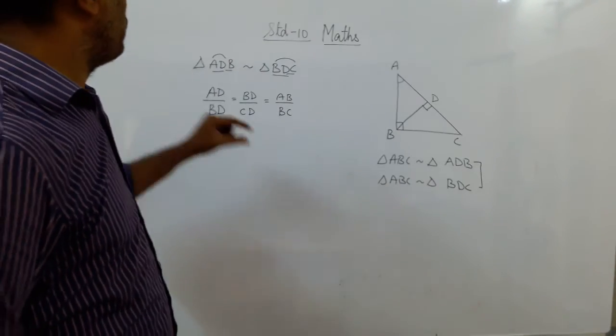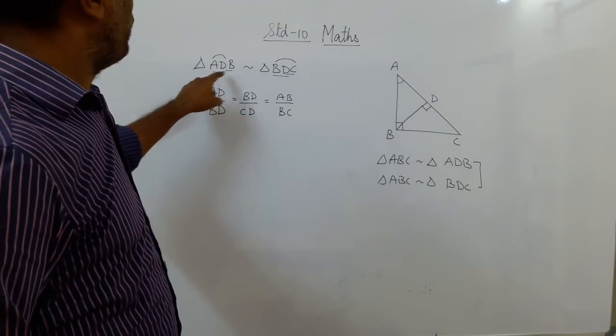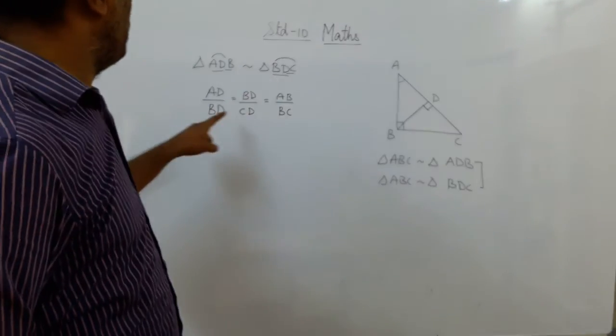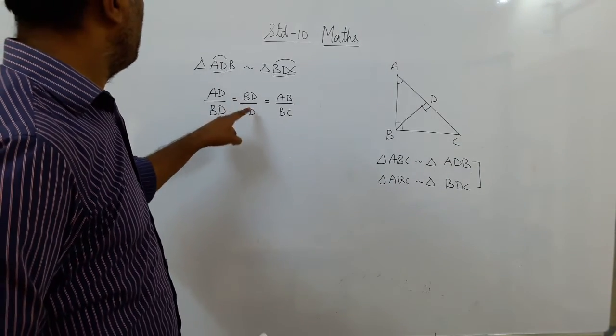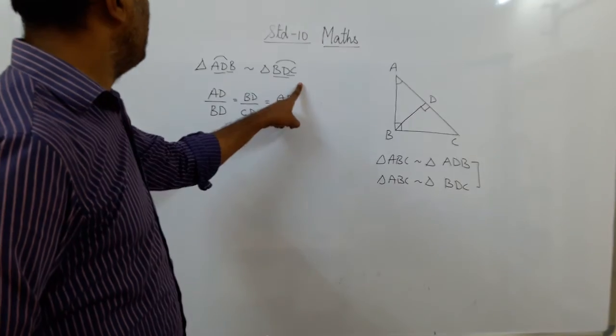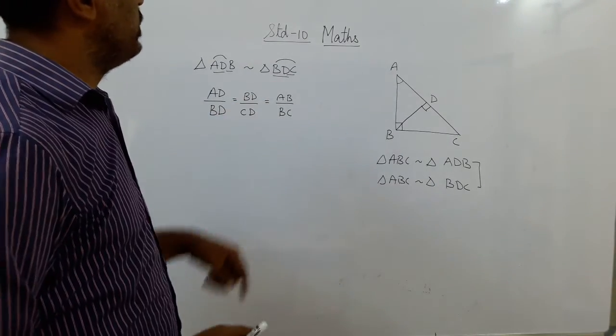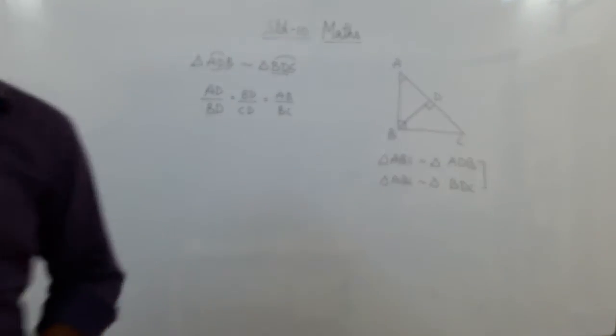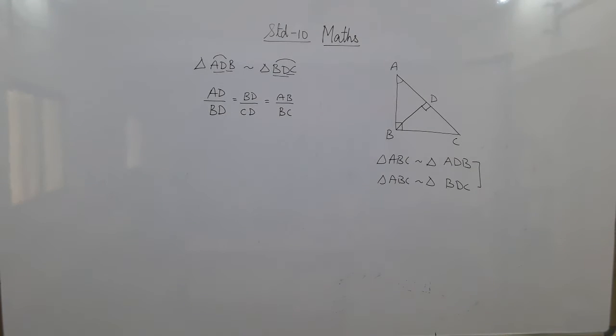So this is the third one we have to do: AD upon BD equal to BD upon CD and equal to AB upon BC. This was the third one which was left out. Yes, we have to also make use of this for the sum. So this is the similarity which we needed to do.